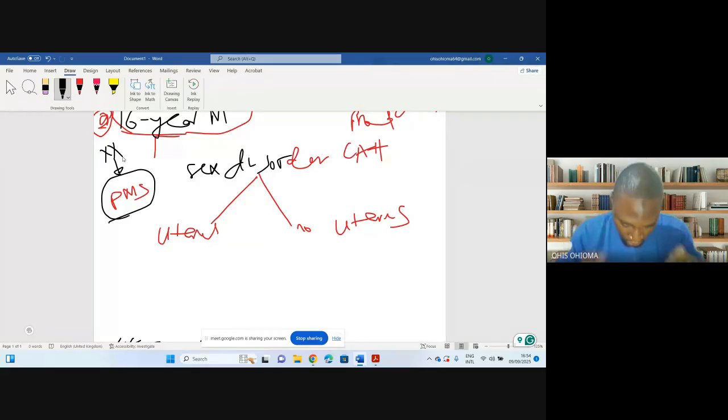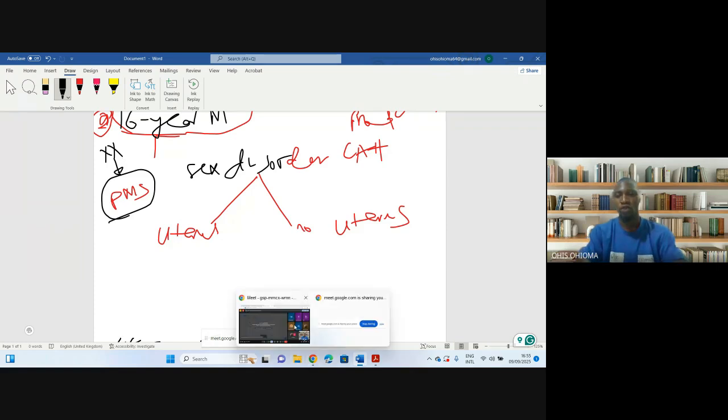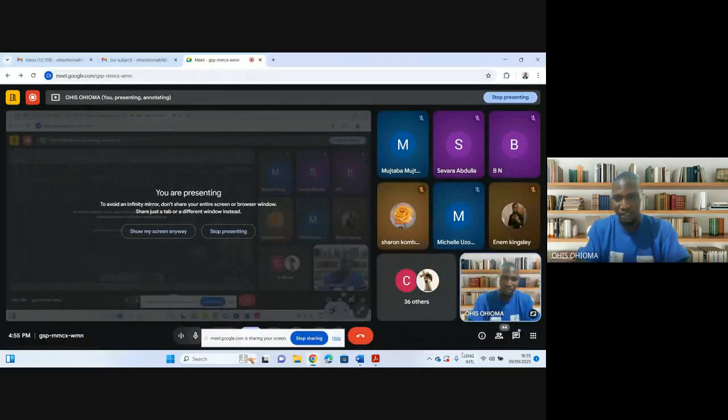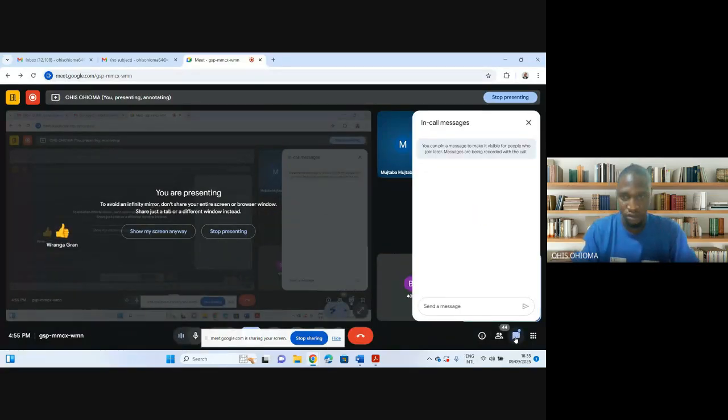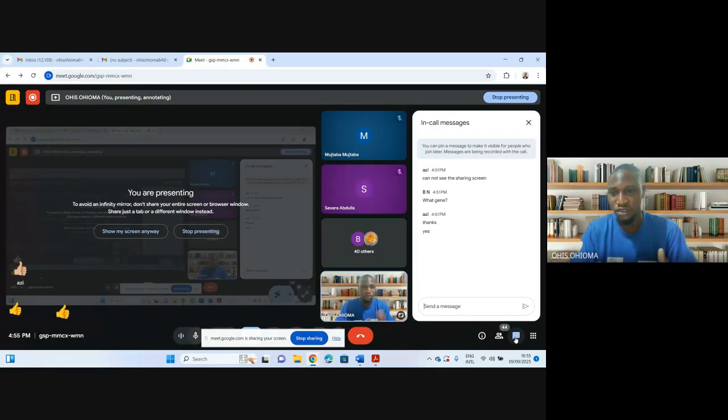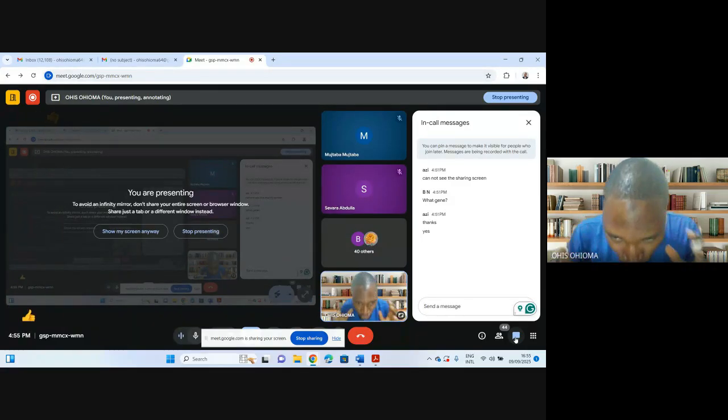Thus, this patient is genetically a female. Does this make sense, guys? This is the simplest way I can make this a lot easier for you guys, so that when you see the questions, you're not bamboozled, you're not taken unaware. That's the first thing you should look for in the question.